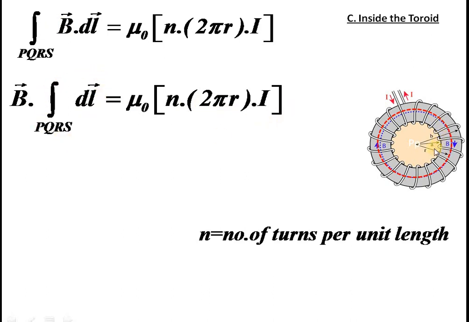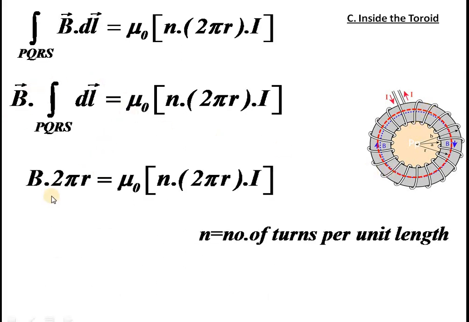Integral dl will be equal to the total length, which is actually 2 pi r. So we get B into 2 pi r is equal to mu 0 times n 2 pi r I. On both sides there is 2 pi r, so it can be removed. When that is removed, we get the magnetic flux density for a toroid equal to mu 0 n I.